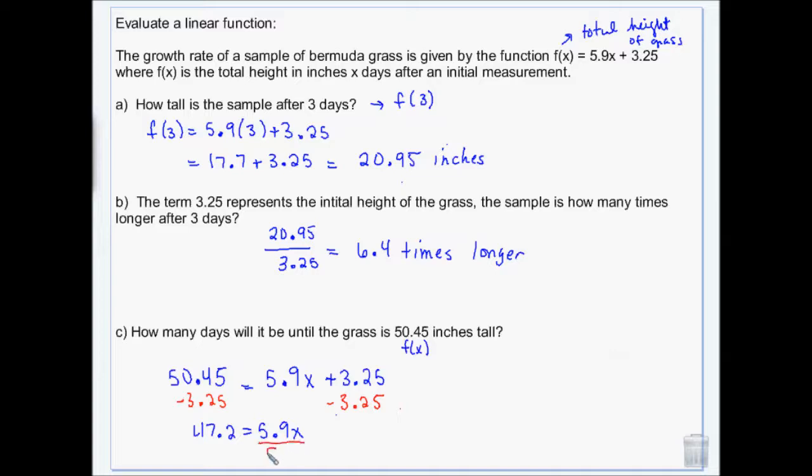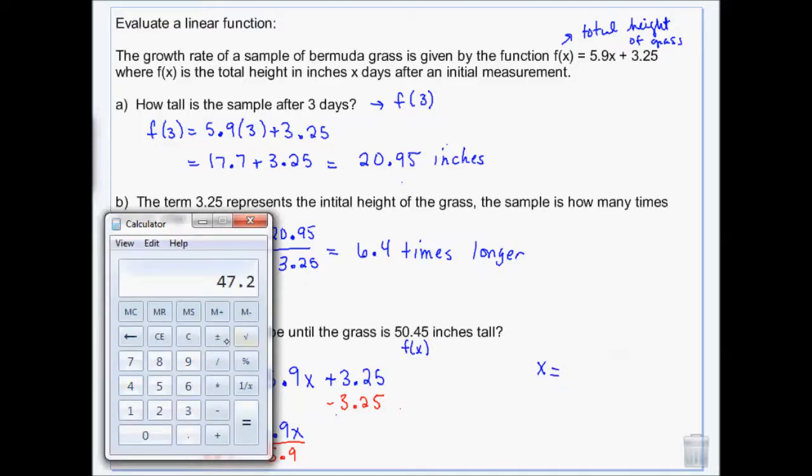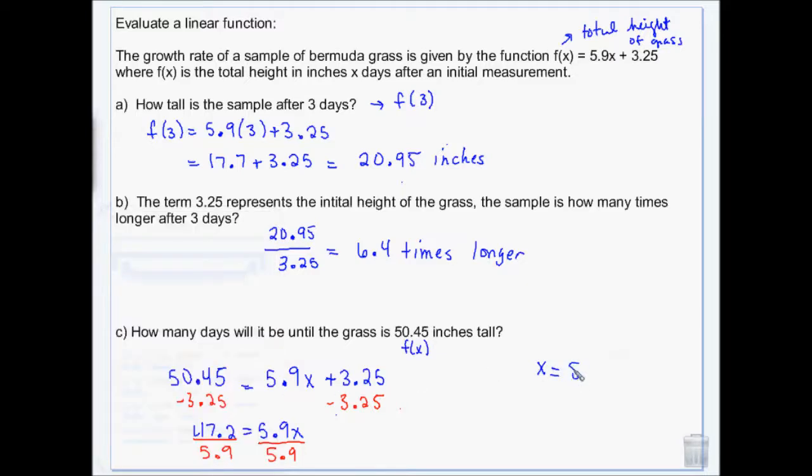Then I'll divide both sides by 5.9. So after only 8 days, our grass would be 50 inches tall.